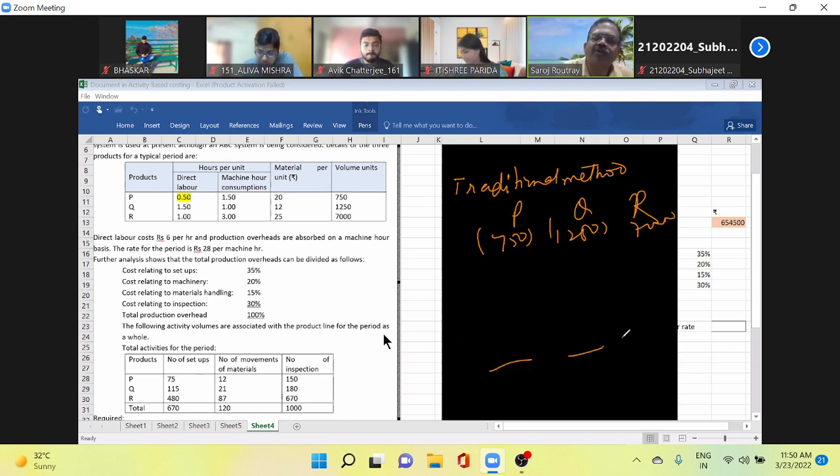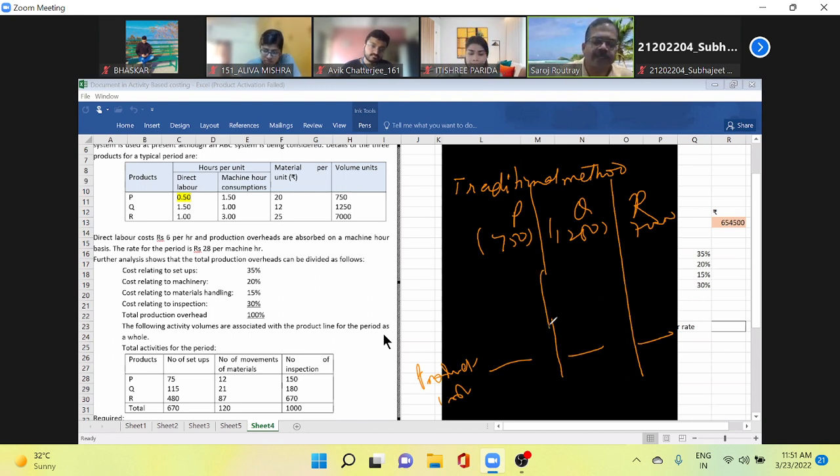I just want to find out the product cost. And I hope that all of you are thorough with this and will be able to find out the product cost. So I'm just waiting for all of you to answer. Once I get at least 10 responses, for P, how much it is? Q and R, the product cost. When I get 10 responses, then I will show you how it is to be done.